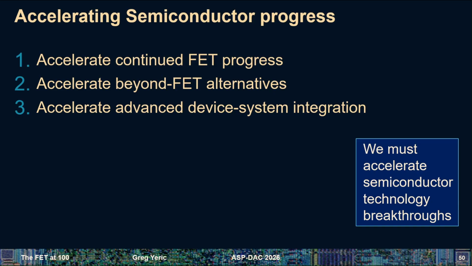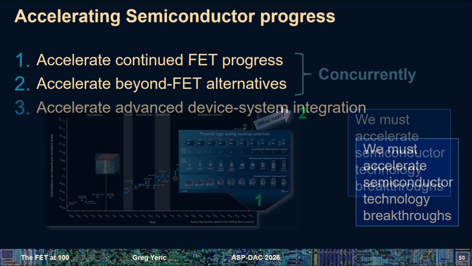That's going to be some complicated technology, and in many cases breaks the way we design circuits, so breaks the EDA software, which is a topic for this particular conference. And then the third is what I call advanced device system integration. One big topic here is heterogeneous 3D integration. So that's chips of different types stacked on top of one another can make a much more efficient system than just trying to put everything on one type of technology.